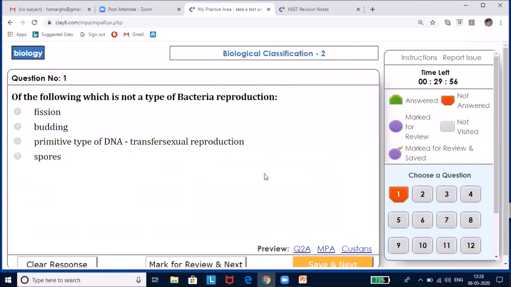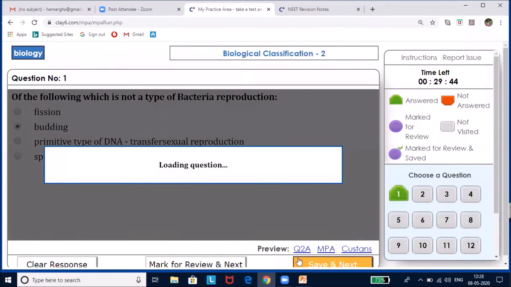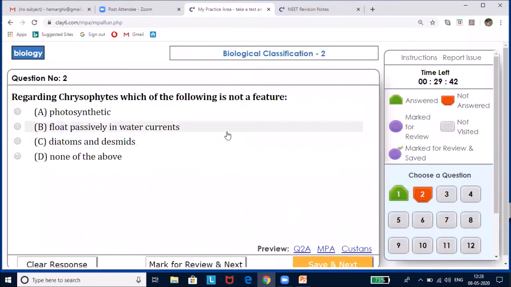Of the following, which is not a type of bacterial reproduction? It is obviously budding, because budding is seen in yeast. Save and next. Regarding chrysophytes, which of the following is not a feature? Photosynthetic. It is none of the above, because all these are features of chrysophytes.